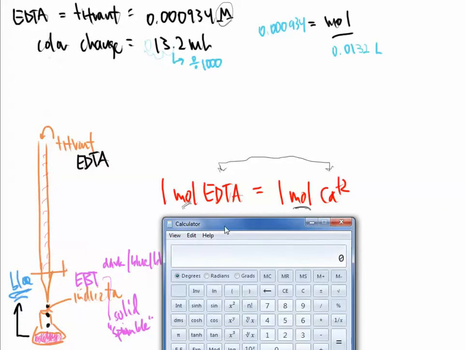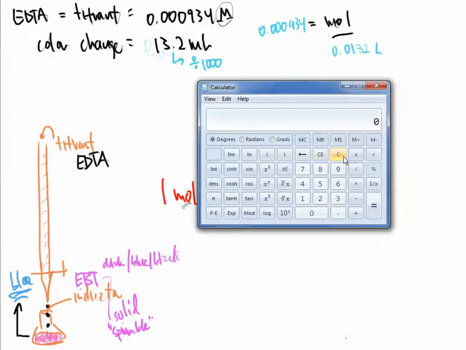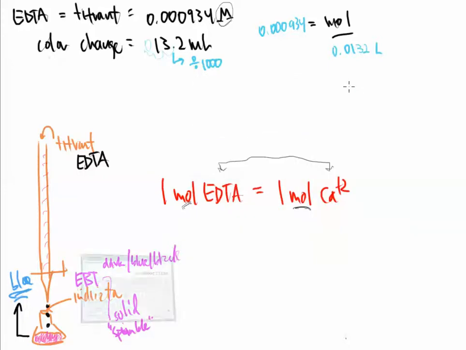So now I can take these two numbers and multiply them, and this will allow me to calculate the number of moles of EDTA that I have. So 0.000934 times 0.0132, and I hit enter, and I get 0.000123, if I round that off. That was pretty good, if I say so myself.